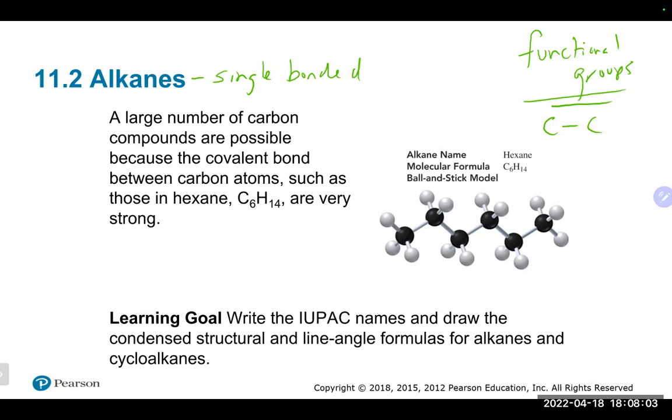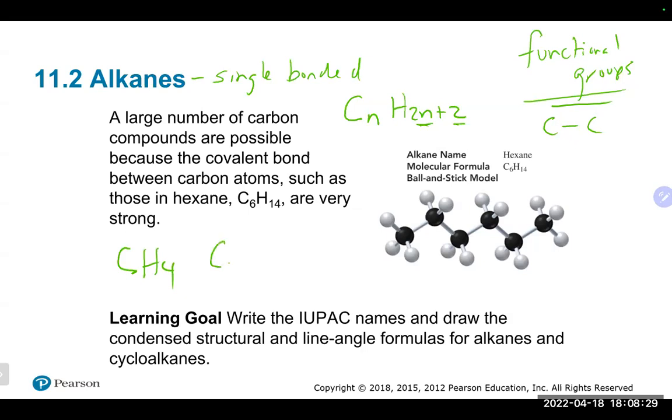They have a general formula of CnH2n plus 2. So what does that mean? n is the number of carbons. So we saw methane a second ago. Methane has 1 carbon, which means n is equal to 1. 2 times 1 is 2, plus 2, it should have 4 hydrogens, basically.